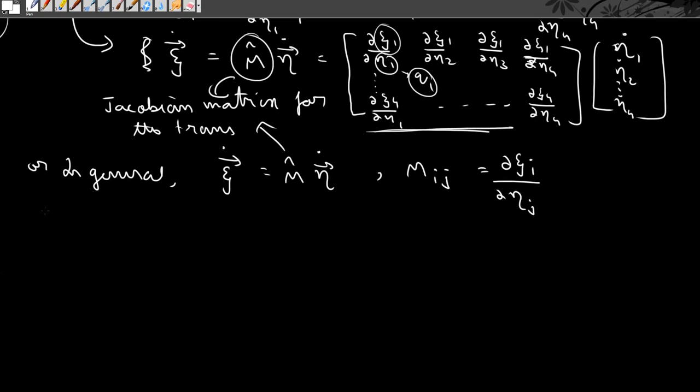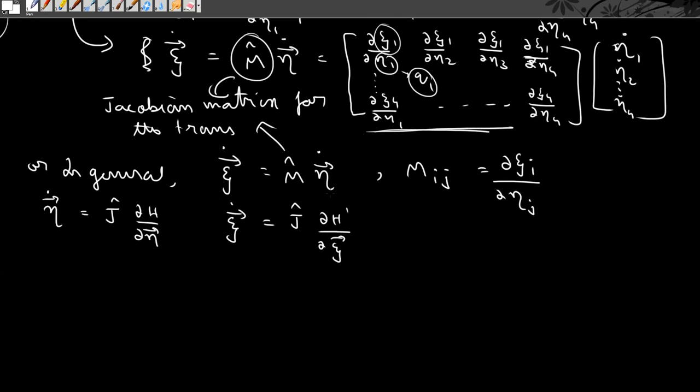our Hamilton's equation for the old coordinates is given by eta dot equal to J times dou H by dou eta vector. Similarly, for our new variables, in order for the new variables to be canonical, the psi dot vector must be related to the Hamilton function by the matrix J times dou H dash by dou psi.